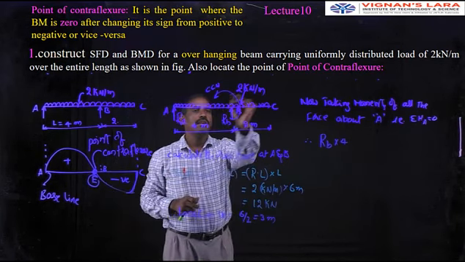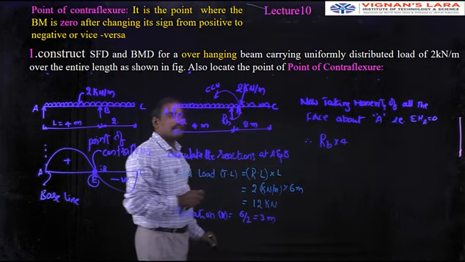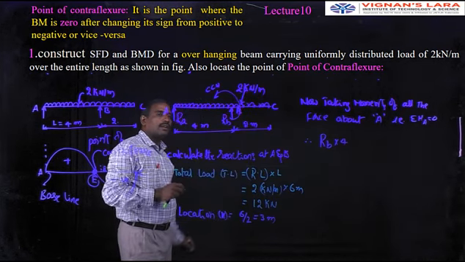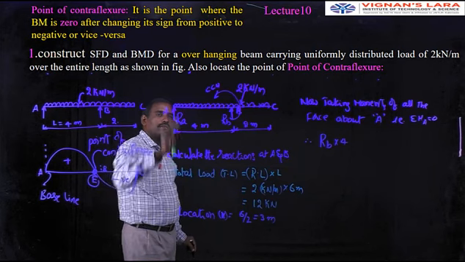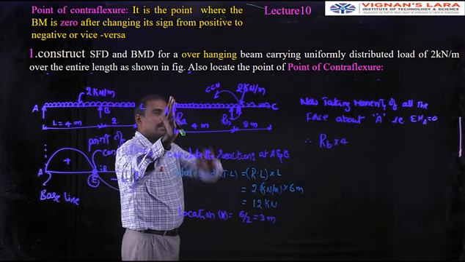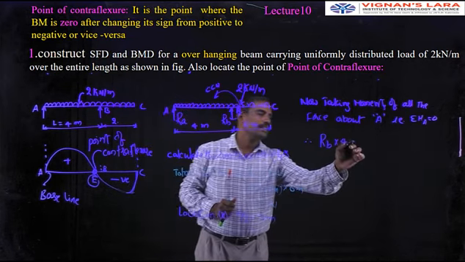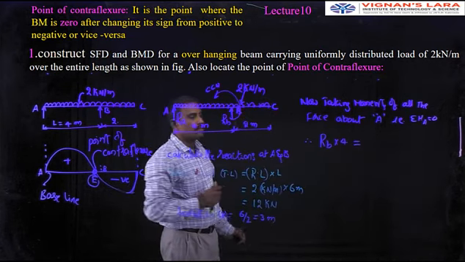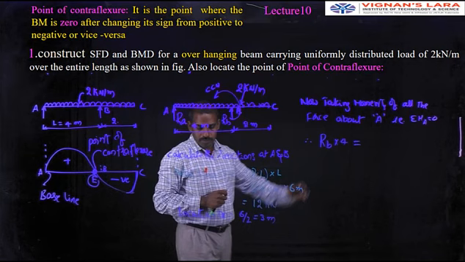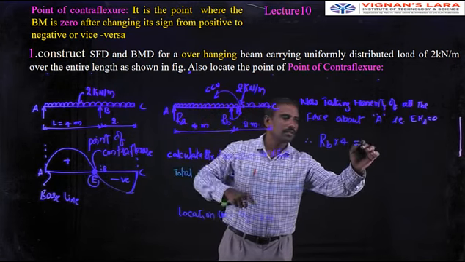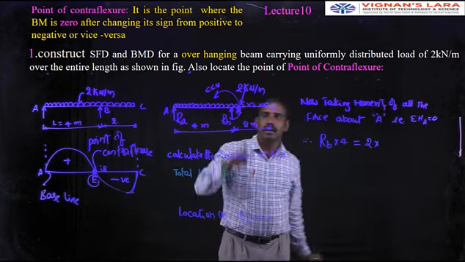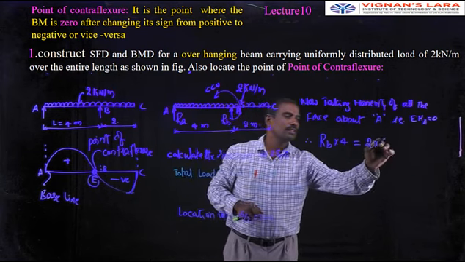The 2 kilonewtons per meter uniformly distributed load produces the clockwise moment about A. So that is equal to 2 into, the rate of load is 2, and the total length is 6.